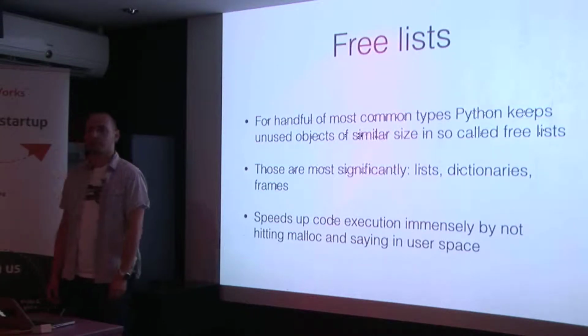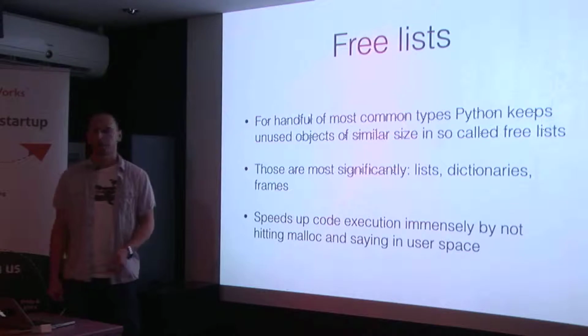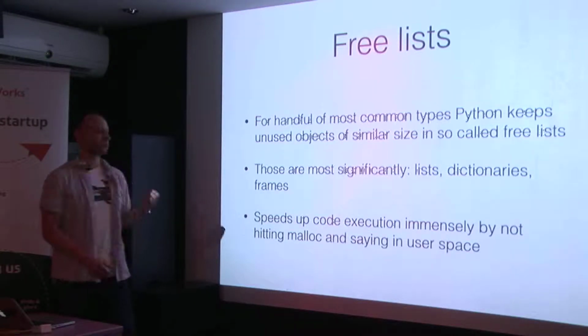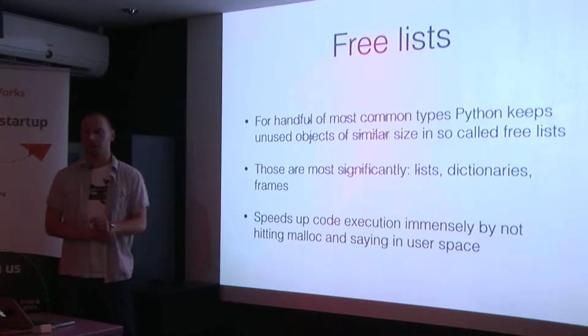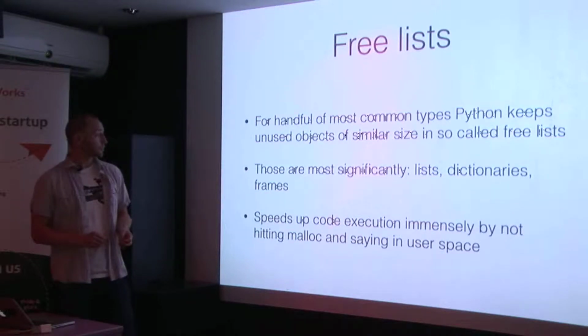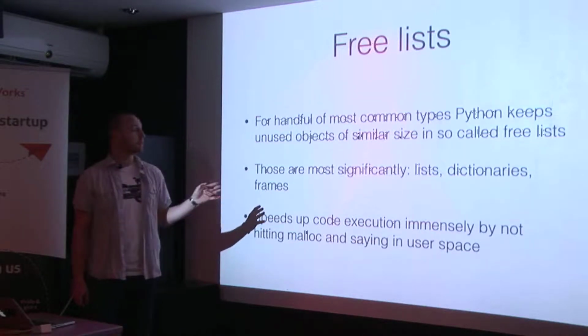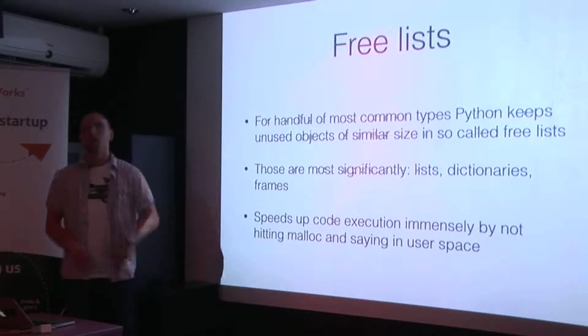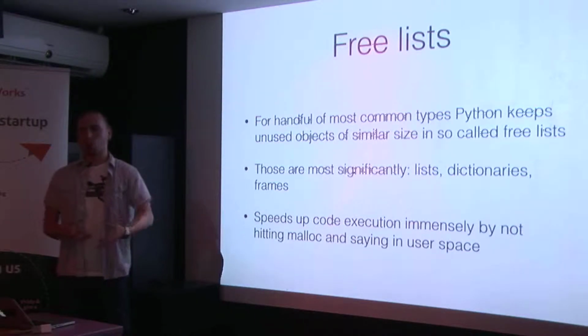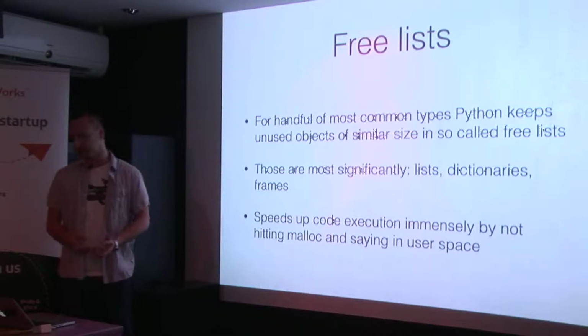I didn't find any particularly good source for reference here, and the more I looked, the more people told me, go and look at the source code. This mechanism is most important for lists, dictionaries and frames, which is how a function call is actually recorded by the interpreter.